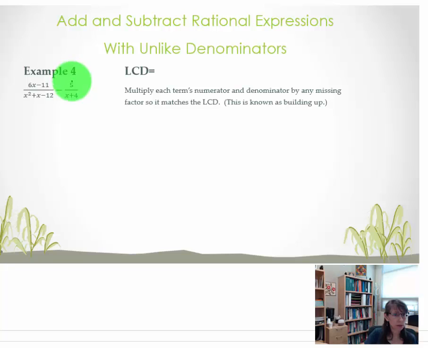For example, 4. Again, we have unlike denominators, x squared plus x minus 12 and x plus 4. So it looks like x plus 4 is factored already. So this trinomial needs to have some factoring.